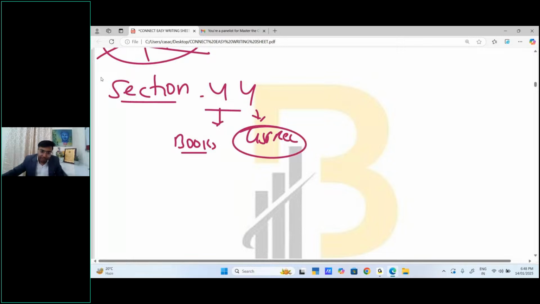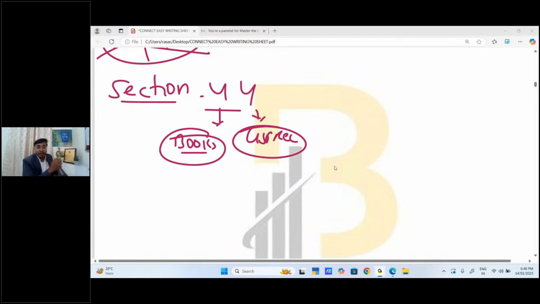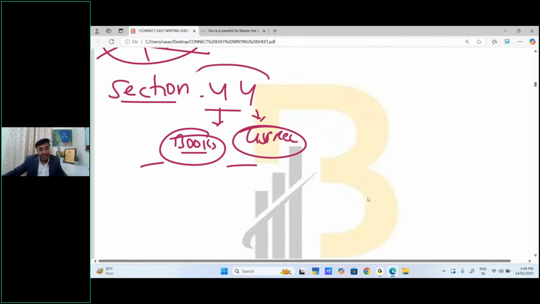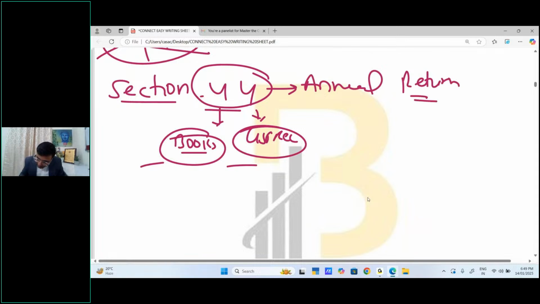Whenever we are filing our GST annual return, GSTR 9, our purpose is to equalize the sales and purchases as per my books of accounts with my GST records. So for this section number 44, 4 is my books, 4 is my GST report, both are equalized in case of annual return.